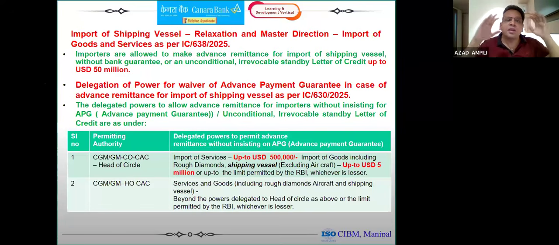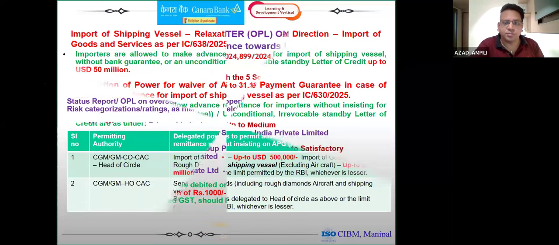That circular says that importers are allowed to make advance remittances for import of a shipping vessel without bank guarantee or an unconditional standby LC up to USD 50 million. I repeat, USD 50 million. So for a shipping vessel without any guarantee, we can send up to USD 50 million. The government, RBI, wants to support shipping companies. That's the reason they have given this.